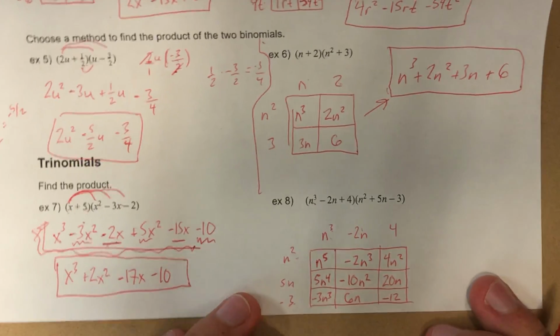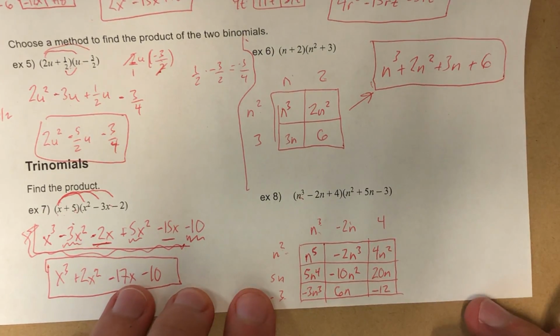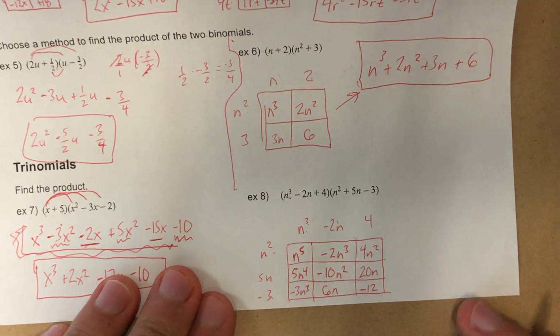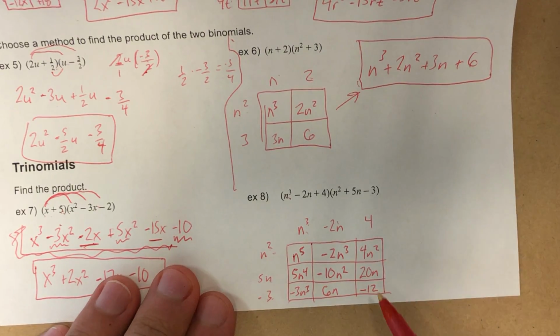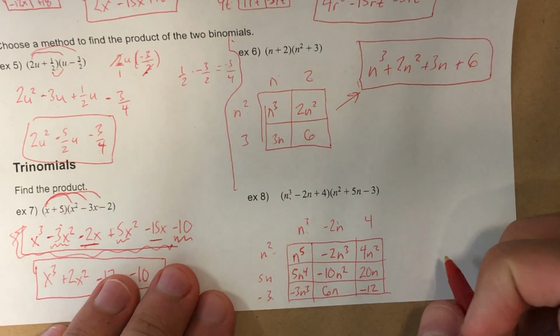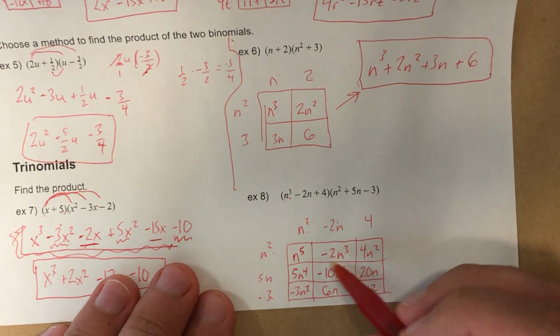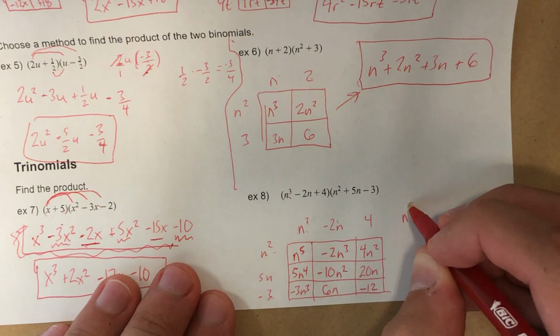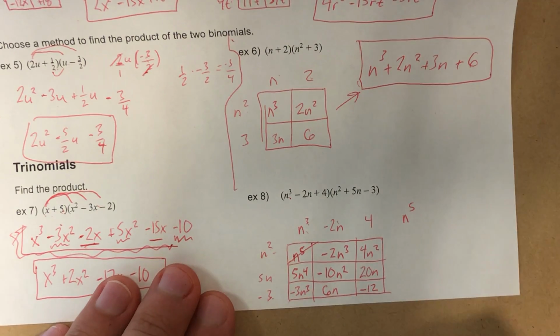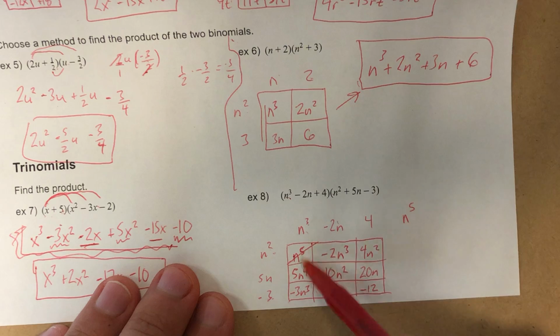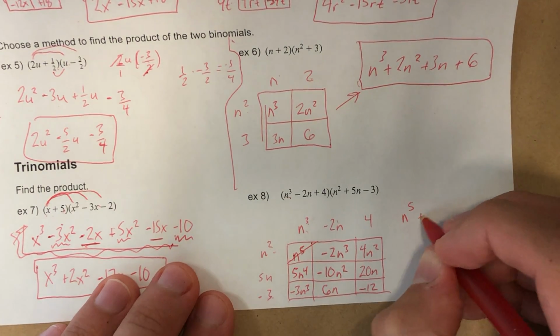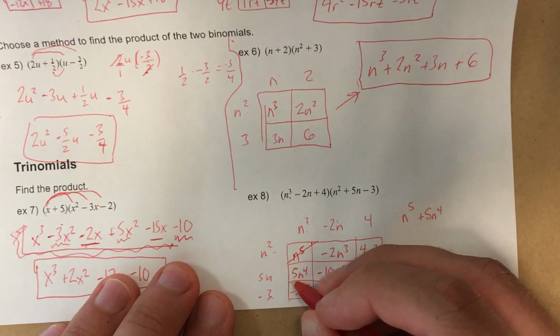So now we can pull these all out of our table and write our final expression. I'm going to pull these out selectively. So I'm going to go by highest to lowest exponent. So I'm going to start with my fifth power, so I have n to the fifth. It's the only one there. Next, n to the fourth degree. So, just one, 5n to the fourth. So let's pull that out.